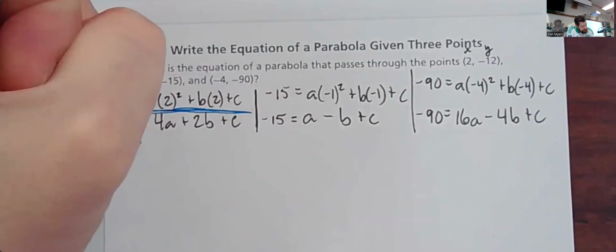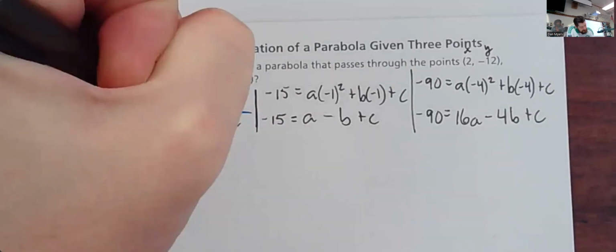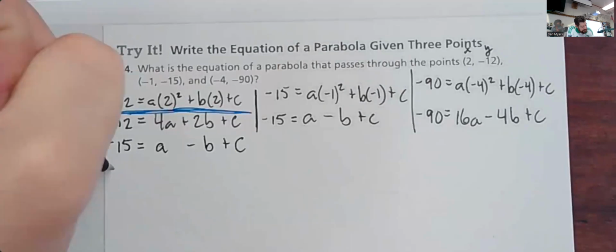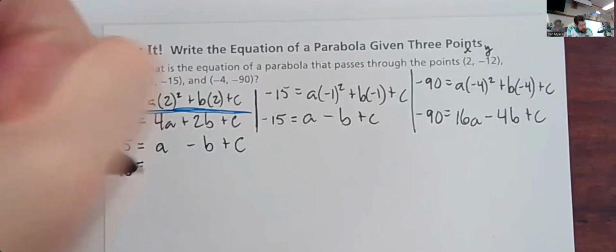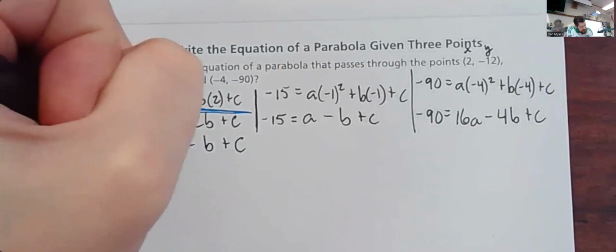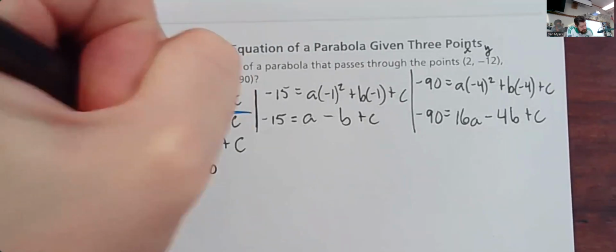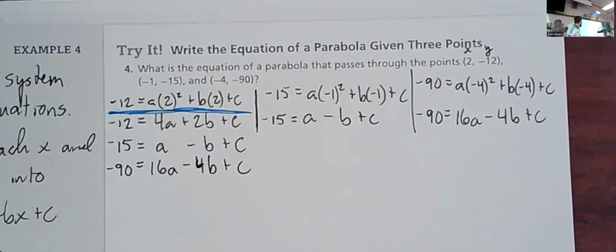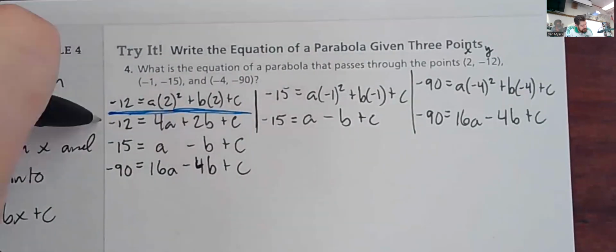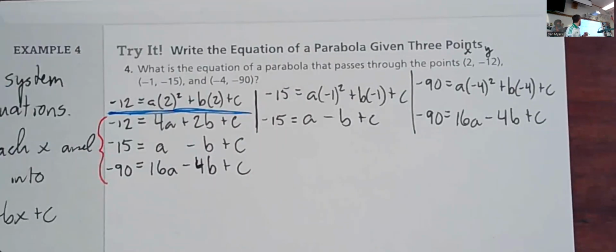We'll have -15 equals a minus b plus c. And then we'll have -90 equals 16a minus 4b plus c. All right. So here is our system of three equations right there.